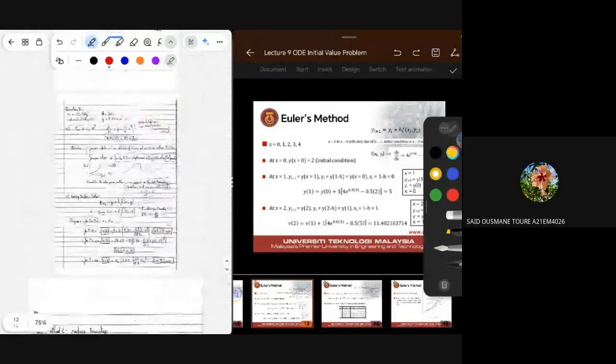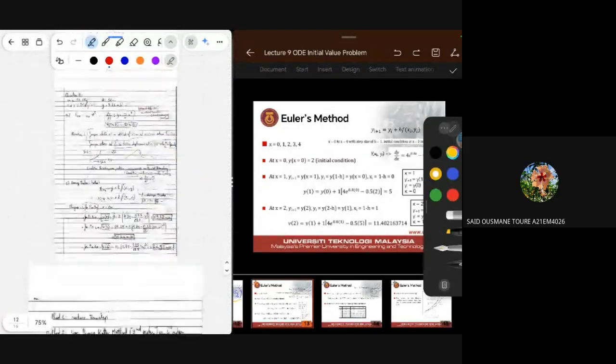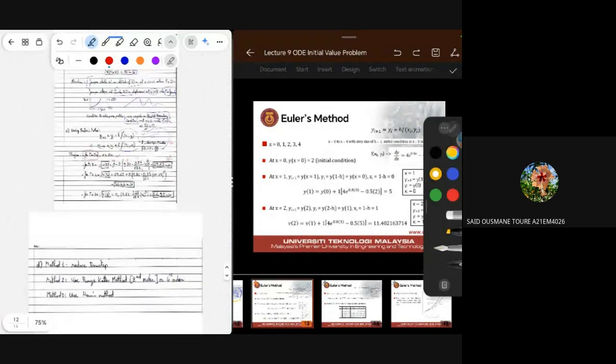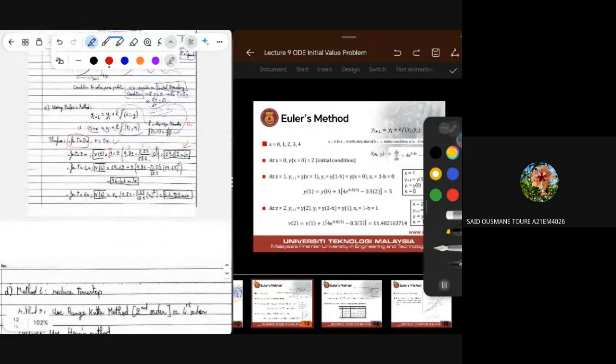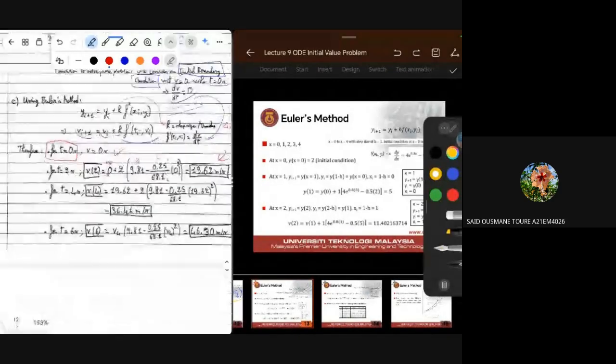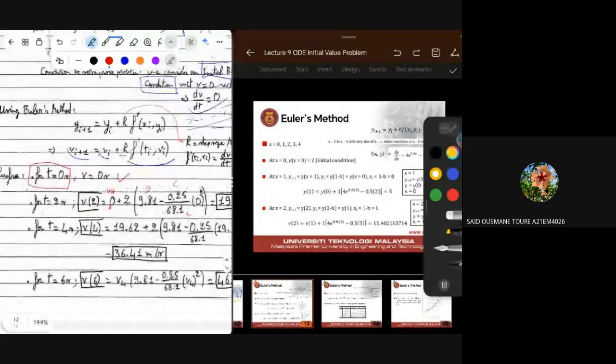Okay, back to the question here. Is it clear? Why did you put V0 as 0? V when t equals 0 equals how much?